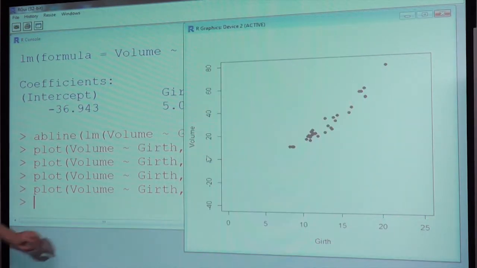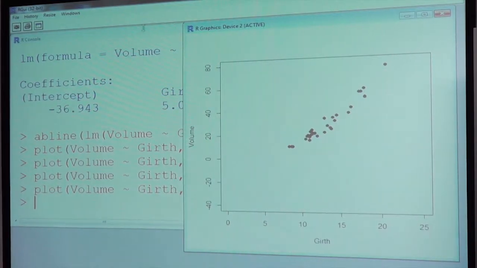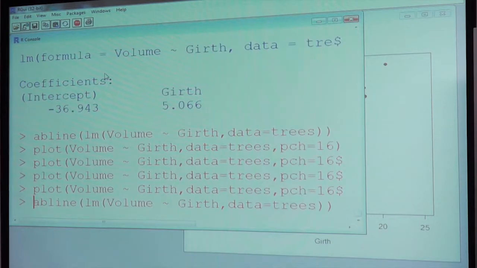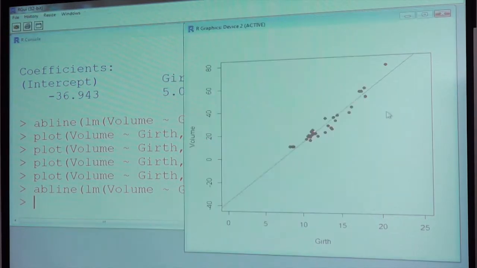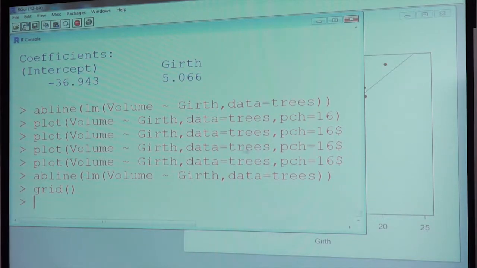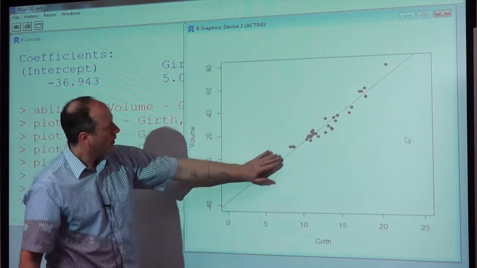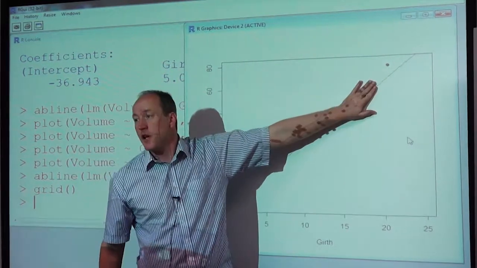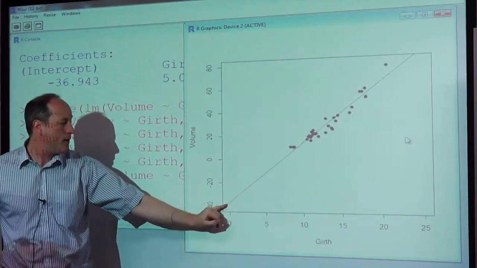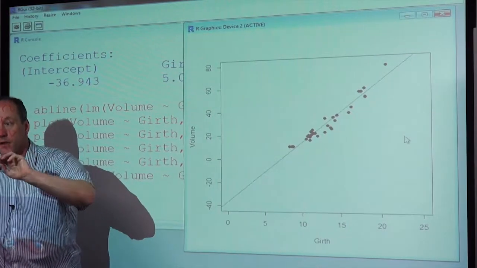You see, it's gone down to minus 40. So now if I put my line on, yes, it's a good fit inside the data, but as soon as we extrapolate, we get into nonsense land because we get into negative volume land. So that's a poor model for that reason.